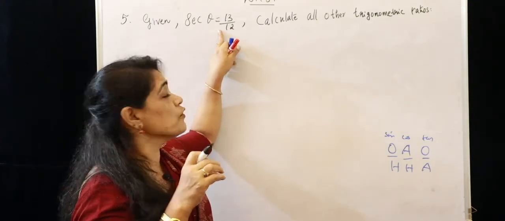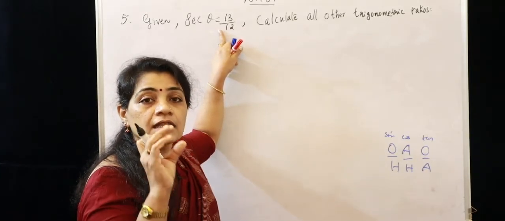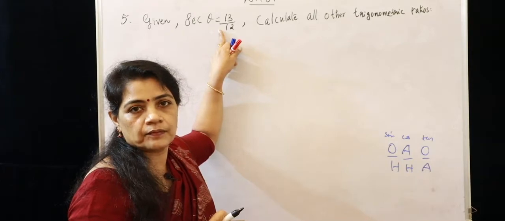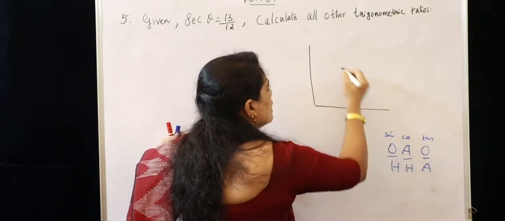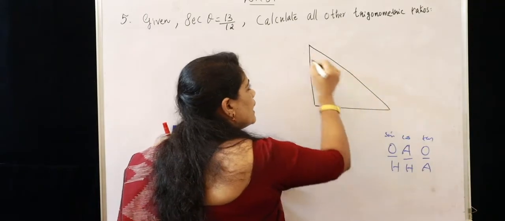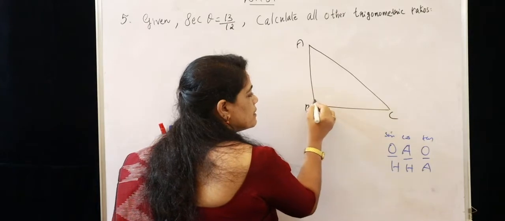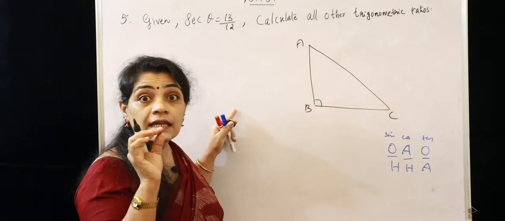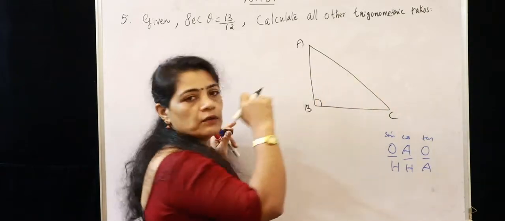But here, theta represents the measure of the acute angle. Understood, children? So we can draw a right triangle, and you can name any letters, triangle ABC or triangle PQR, it doesn't matter. But the only thing is, theta must be given to one of the 2 acute angles.